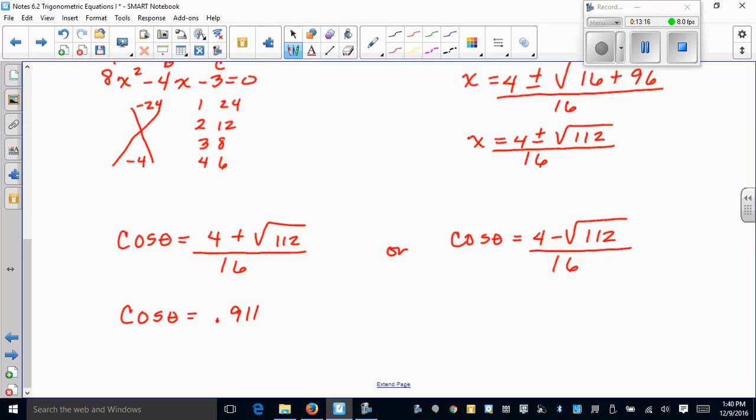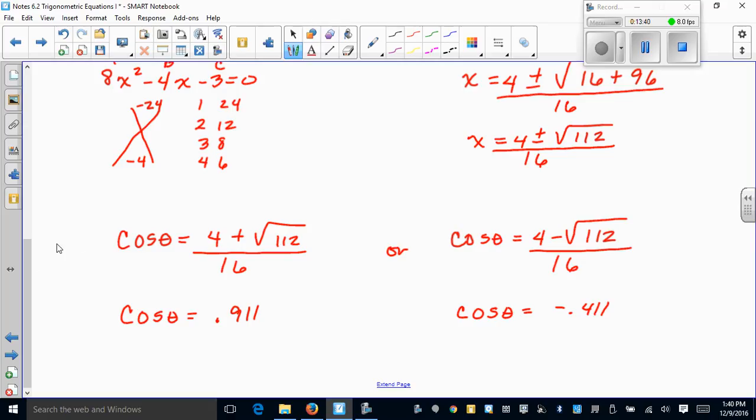And over here, if I plug these values into the calculator, I'm getting negative 0.411. Basically, the only reason I'm putting these in there is to make sure that this number is not larger than positive 1, and this number is not smaller than negative 1.